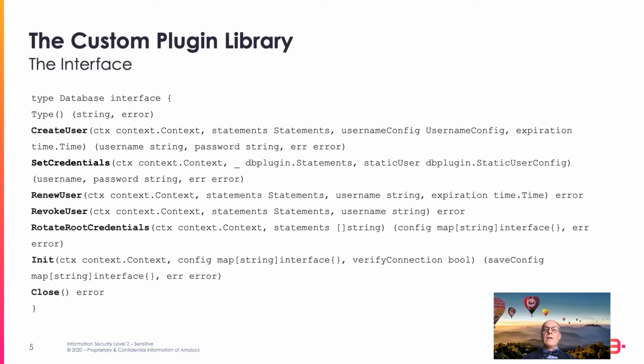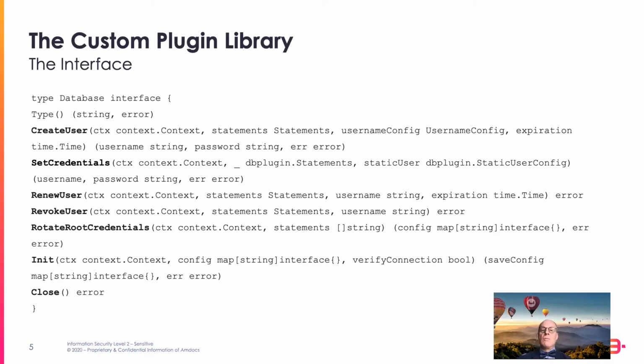The init method essentially spins up a brand new process that Vault communicates with via encrypted remote procedure calls, ensuring, of course, maximum security for those credentials that are being created and deleted. Create user, no surprises there. This is used for generating dynamic credentials within the database.